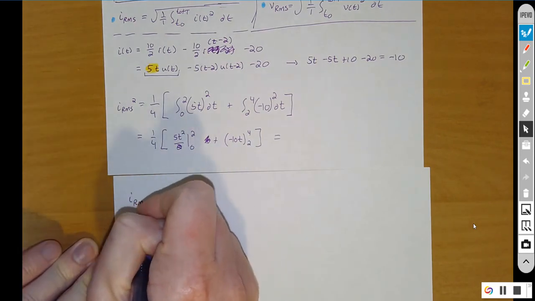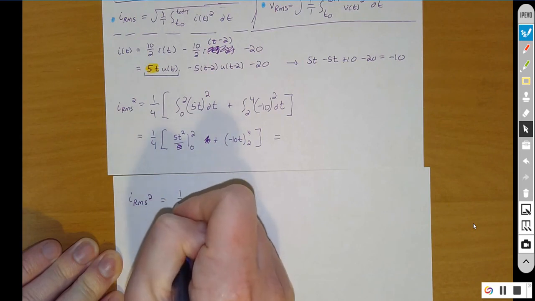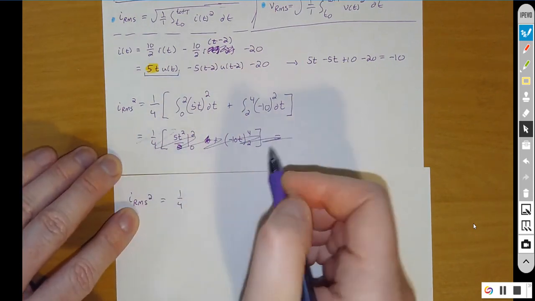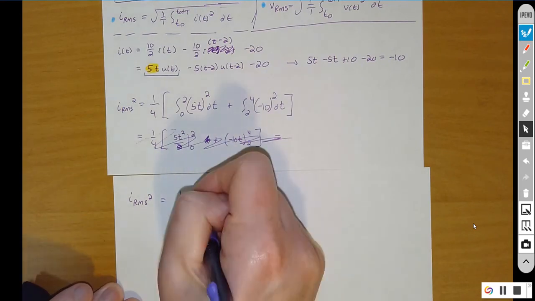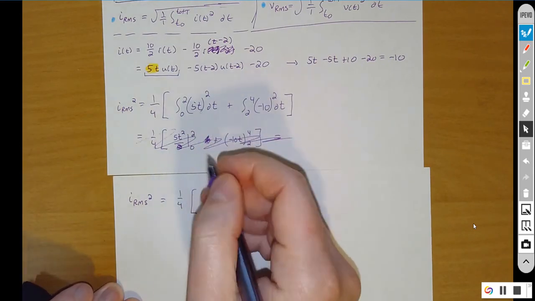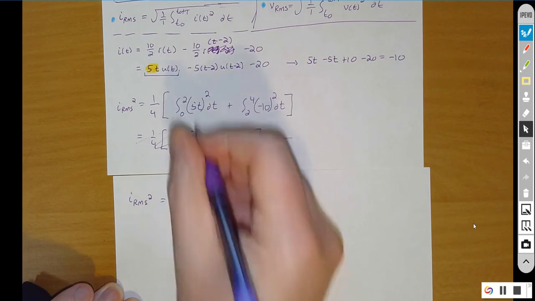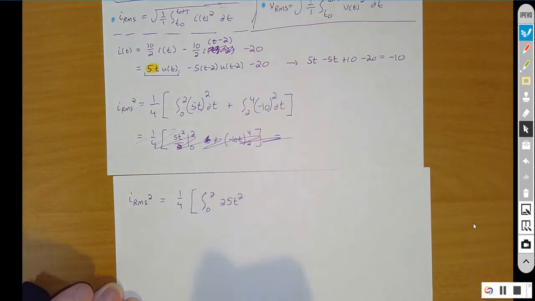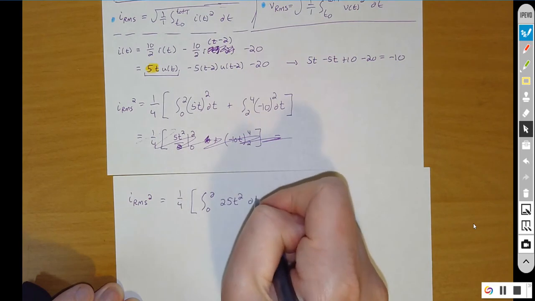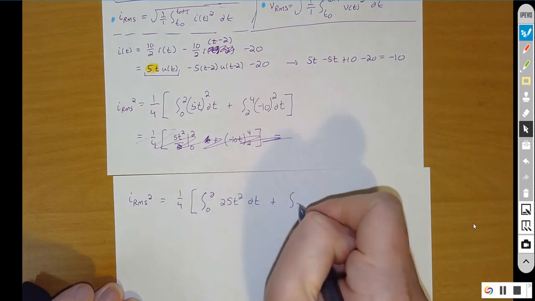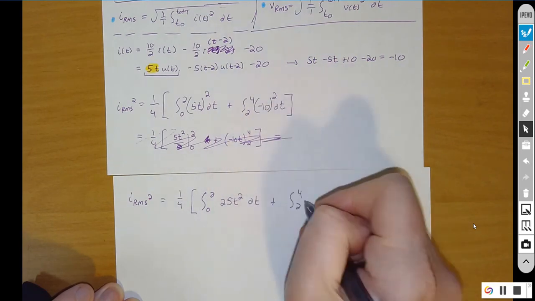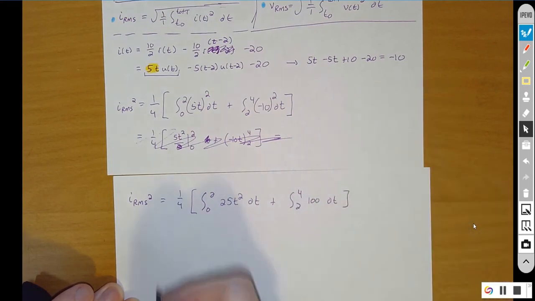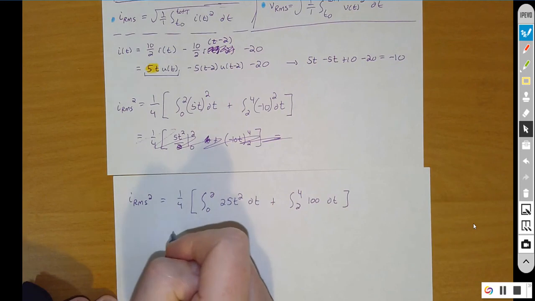So I_RMS squared is equal to 1 over 4, and we will scratch out this and keep working. So instead, we will integrate from 0 to 2. This becomes 25t squared dt plus, from 2 to 4, this becomes 100 dt. And that should work out much better. You won't get an imaginary number.